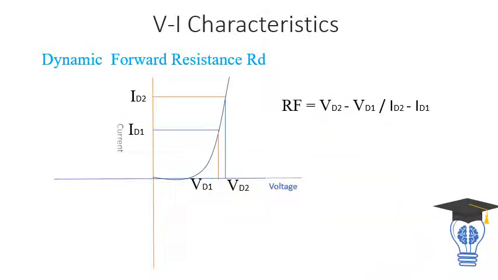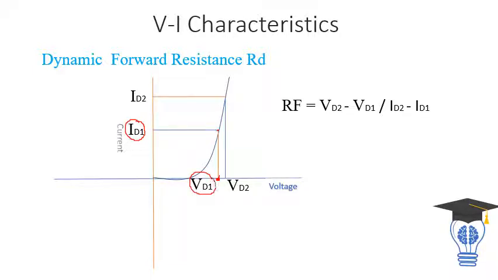In the previous slide we have seen static resistance. Now we will see what is dynamic forward resistance. Similar to before, I take a forward voltage and find the respective current.